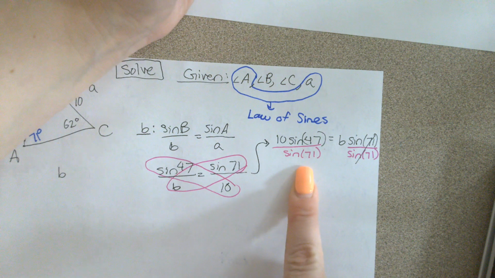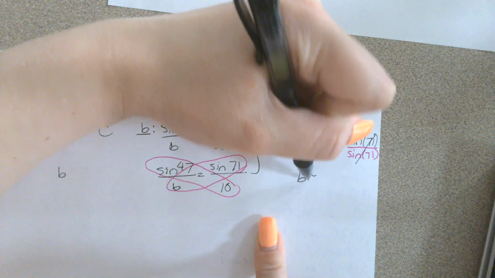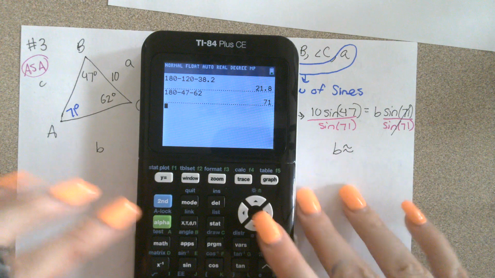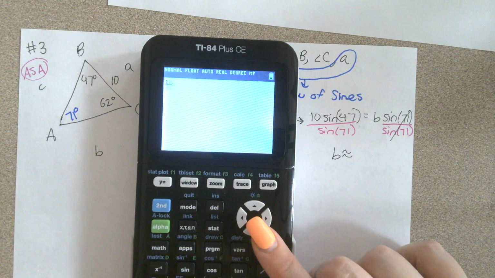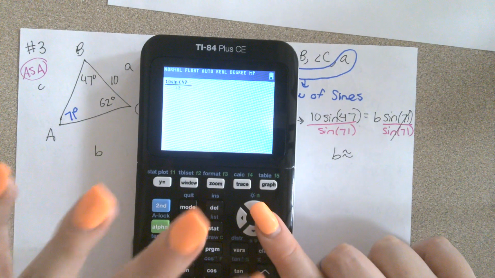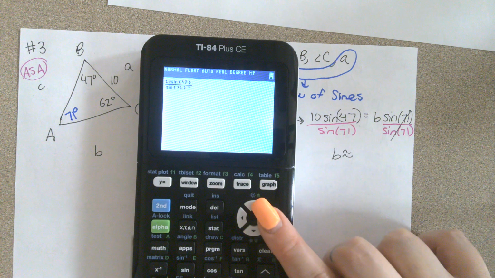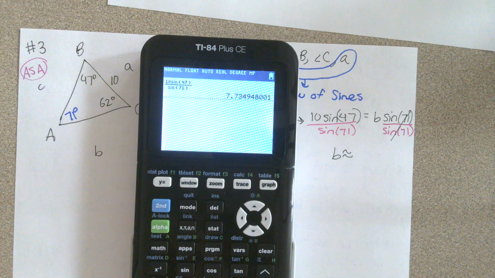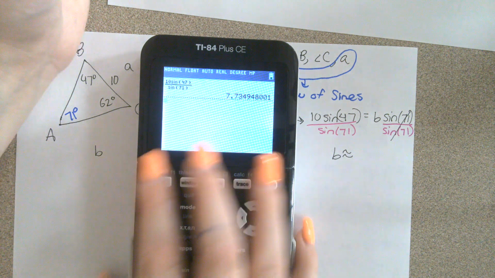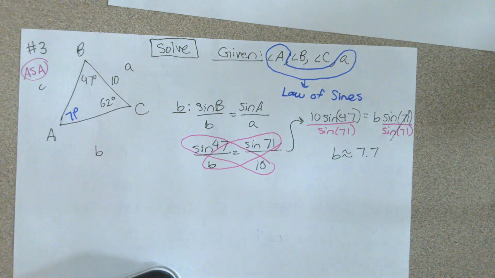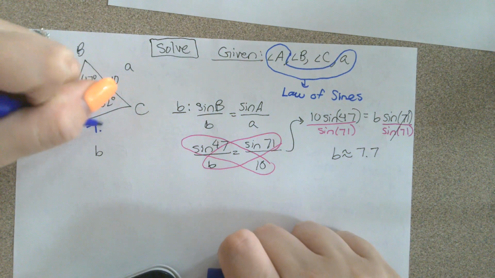Then I'm going to type that into my calculator to get my b value: 10 sine of 47 over sine of 71. Rounding to the nearest tenth, we get 7.7. So side B is 7.7.